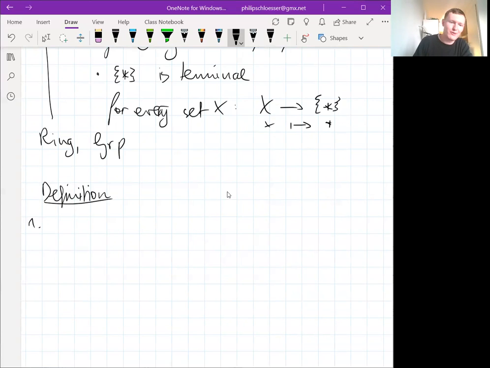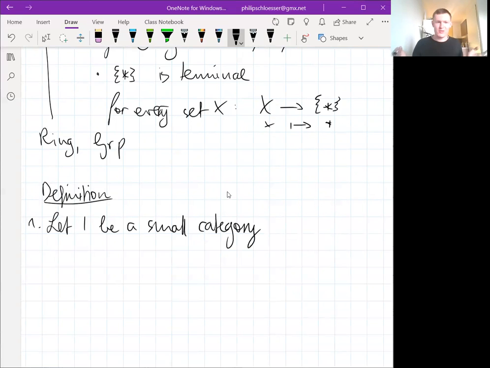Okay, let I be a small category, meaning that the objects form a set.